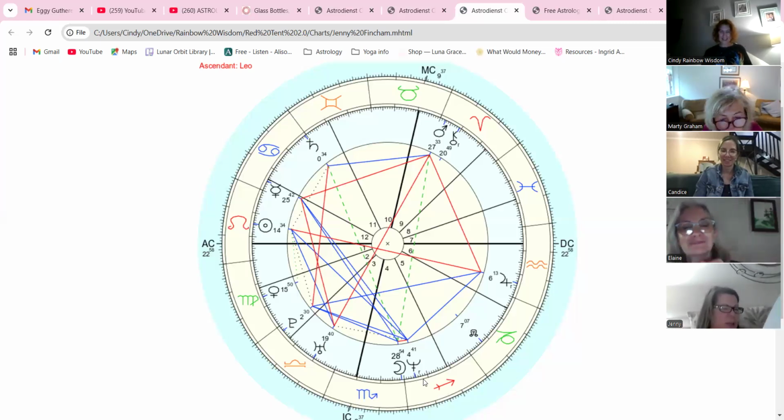Okay, then I've got quite a lot of squares. I've also got Uranus square my Mercury, which is square my Mars, which is square my Jupiter. And so this would be a grand cross almost.